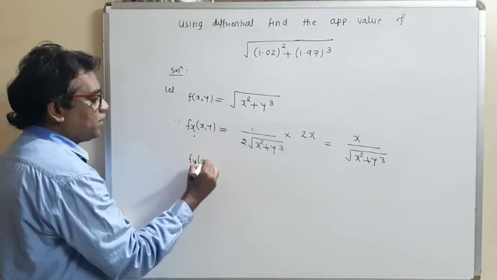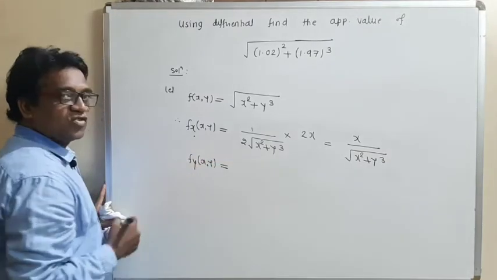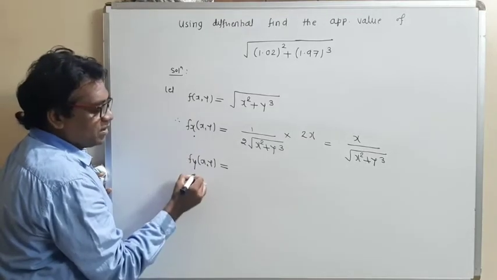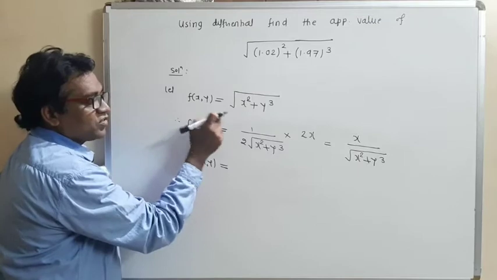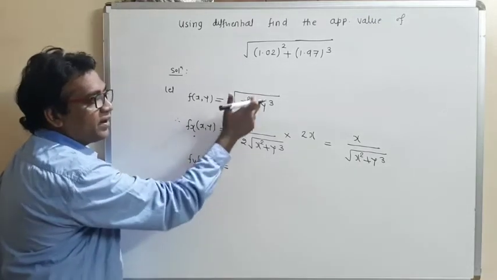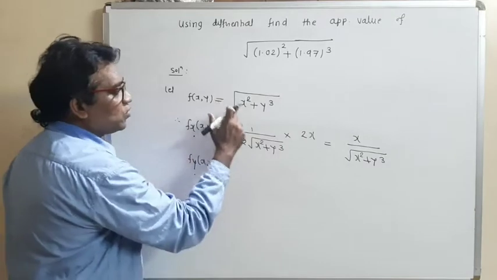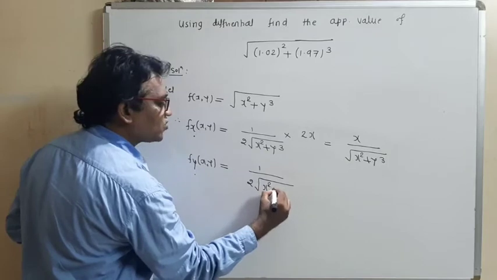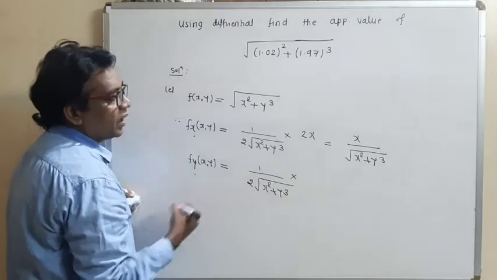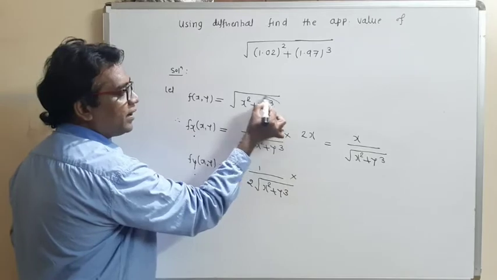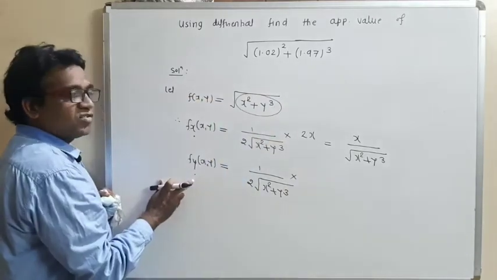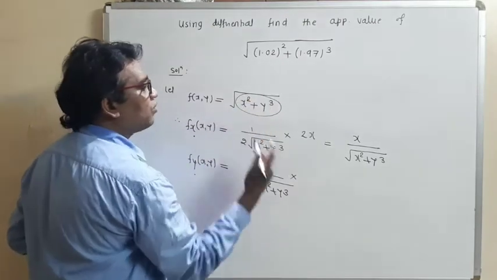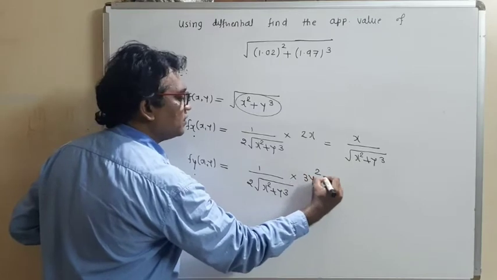Now find out the next derivative, partial derivative fy at xy. So differentiating this f partially with respect to y. Just find the derivative of y only by treating x as a constant quantity. Use the same formula, 1 upon 2 root x square plus y cube into, according to chain rule, the derivative of the inner function by keeping x as a constant. x square is constant, so its derivative will be 0, and the derivative of y cube is 3y square.